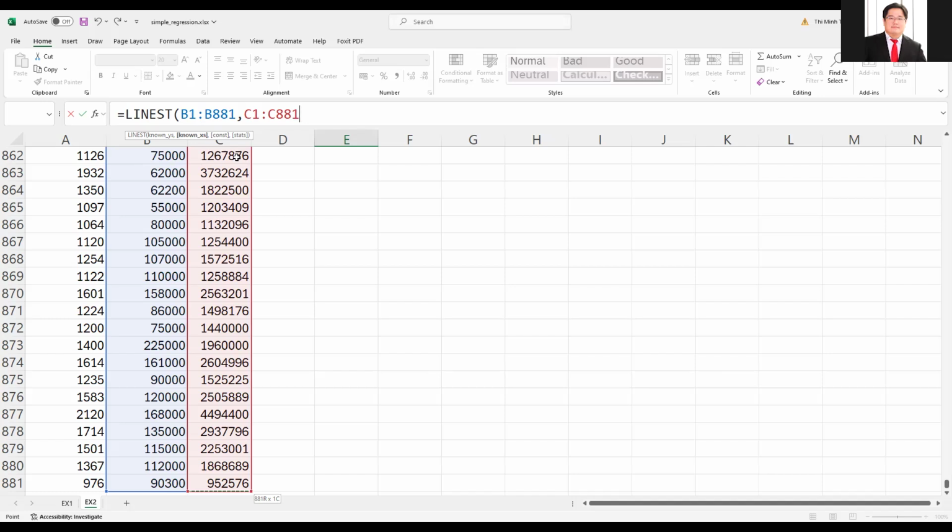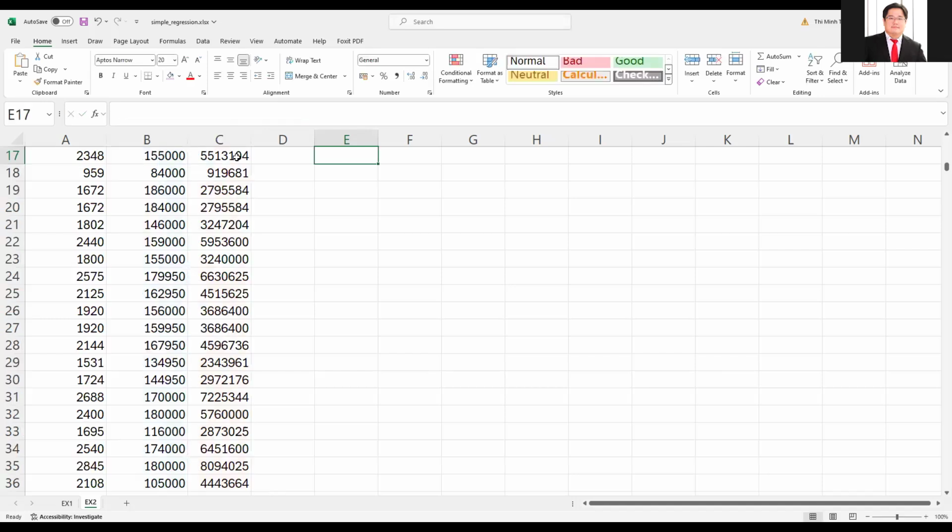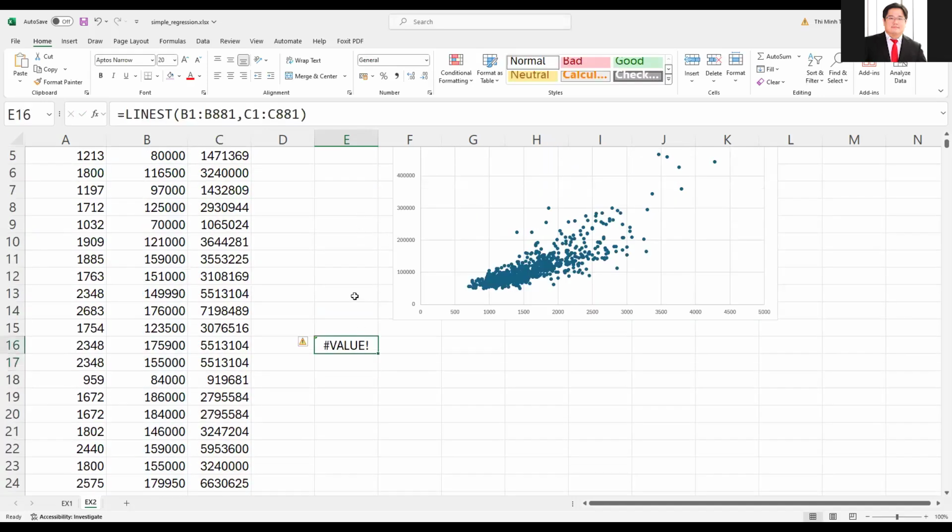Click this one first. You have to delete with the backspace. Click, Control Shift and Down arrow. You put them together at once. Very good. This is just practice.